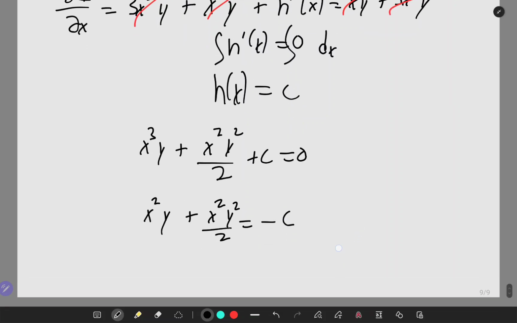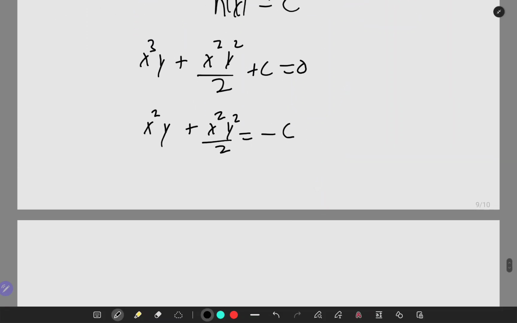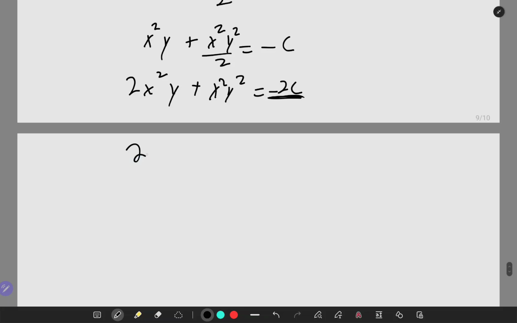Now my textbook multiplies both sides by 2, so they rewrite it like this. They get rid of the fraction. Now this right here becomes a new constant. So that's 2x cubed y plus x squared y squared is equal to c. So this is our general solution for this problem.